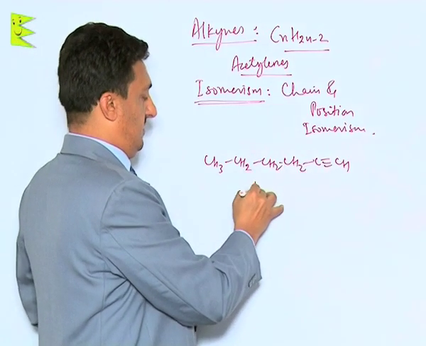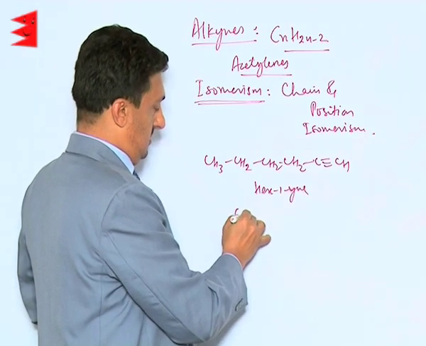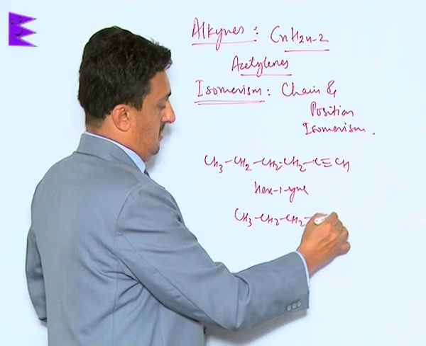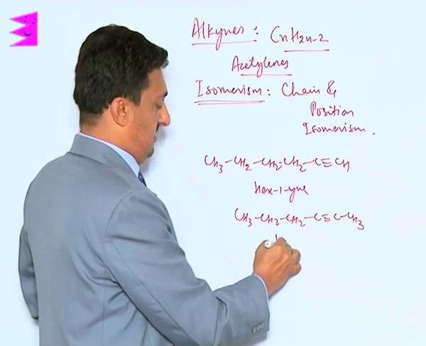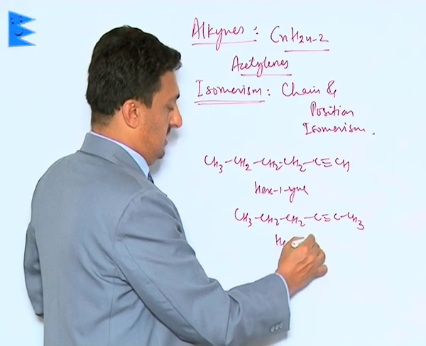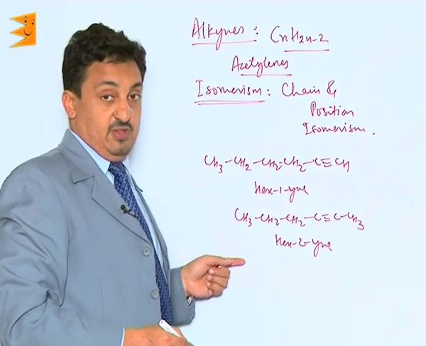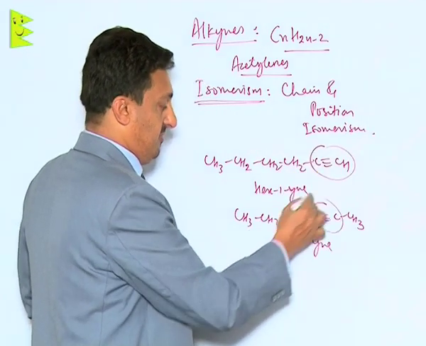This is hex-1-ine. And if we have this one, this is hex-2-ine. So this is hex-1-ine and hex-2-ine, they show position isomerism, because the position of the triple bond has been changed.